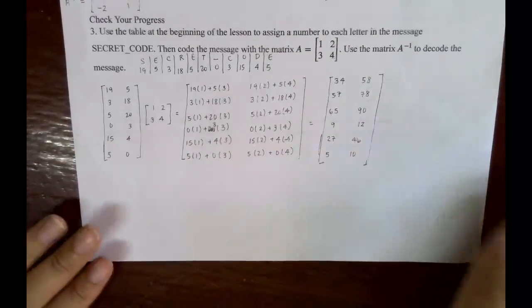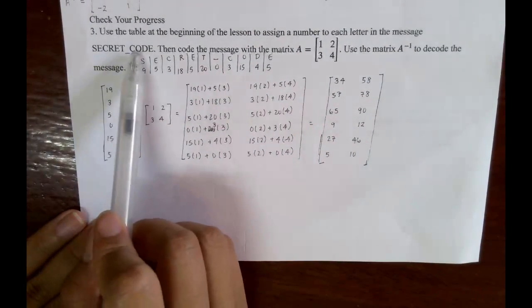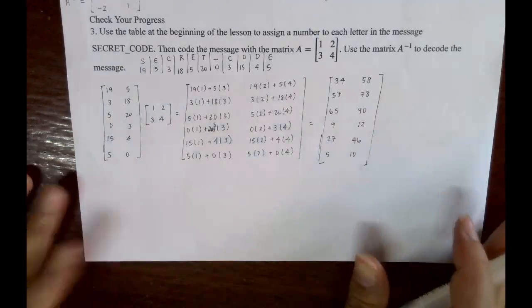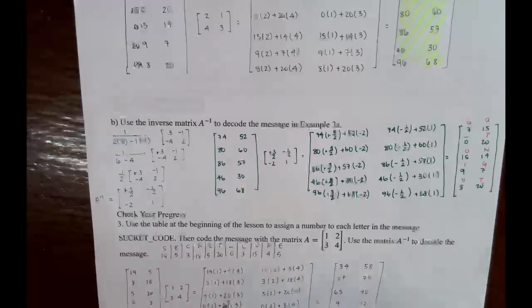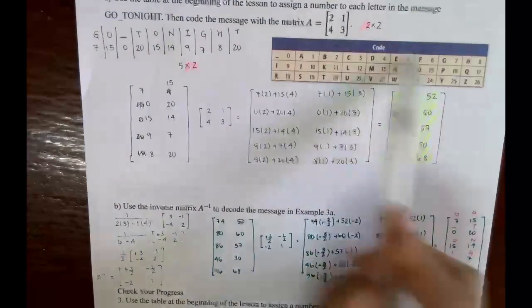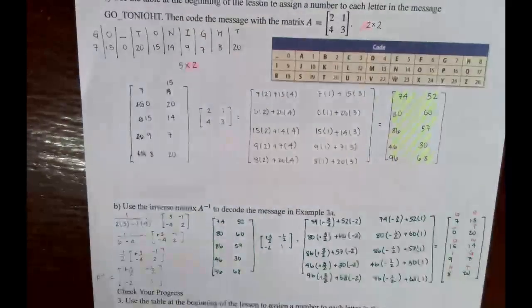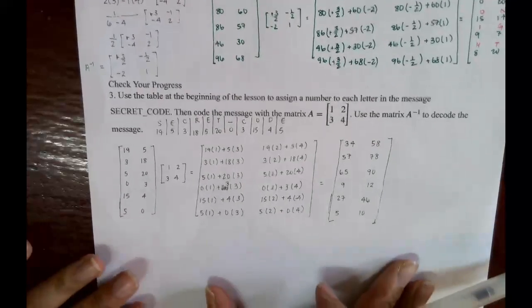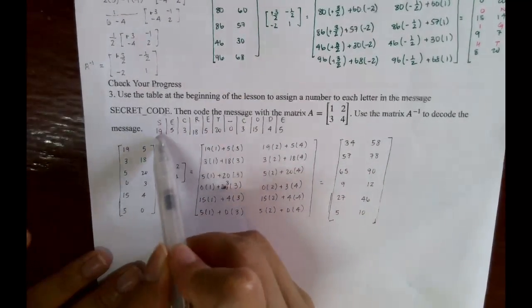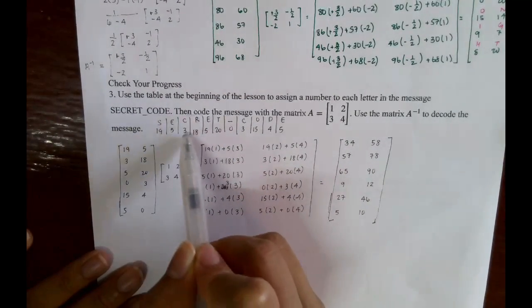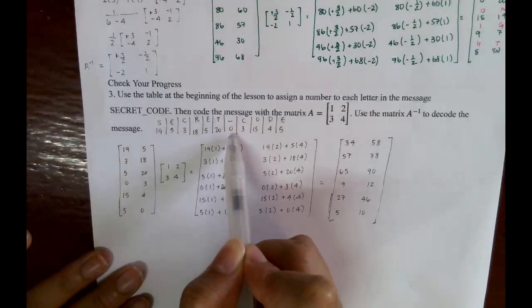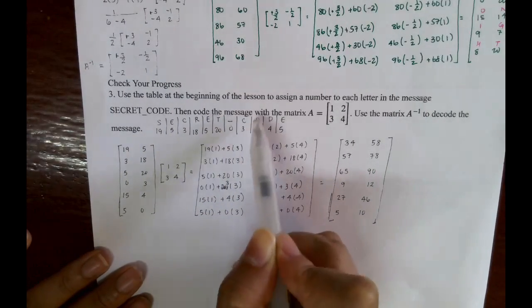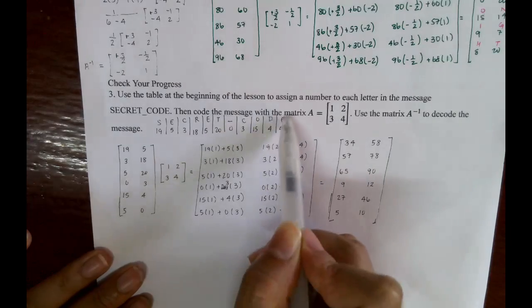For each one, I assigned them the numbers. Technically it wouldn't matter, but because it told you to use the table at the beginning of our lesson, I assigned each of them a number based on that table. S is 19, E is 5, C is 3, R is 18, E is 5, T is 20. The space is 0, C is 3, O is 15, D is 4, and E is 5.